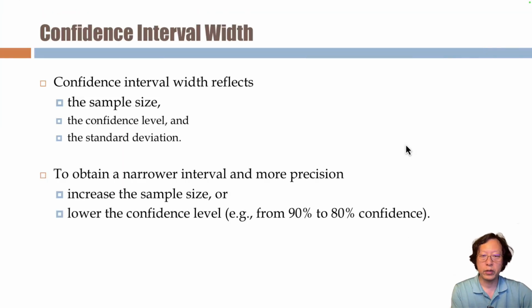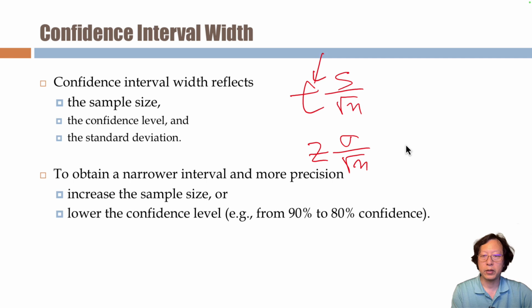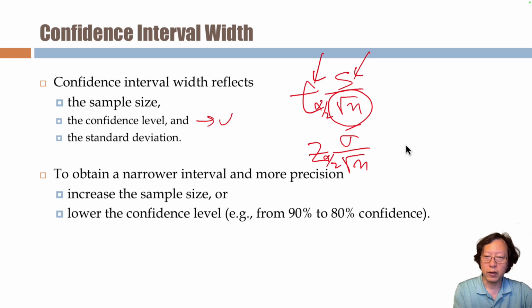Confidence interval width will be affected by the sample size n. As I told you, it is t s over root n, or z sigma over root n. But the standard deviation is not my choice. So the only things you can change are n, or you can choose the confidence level, that is, alpha.